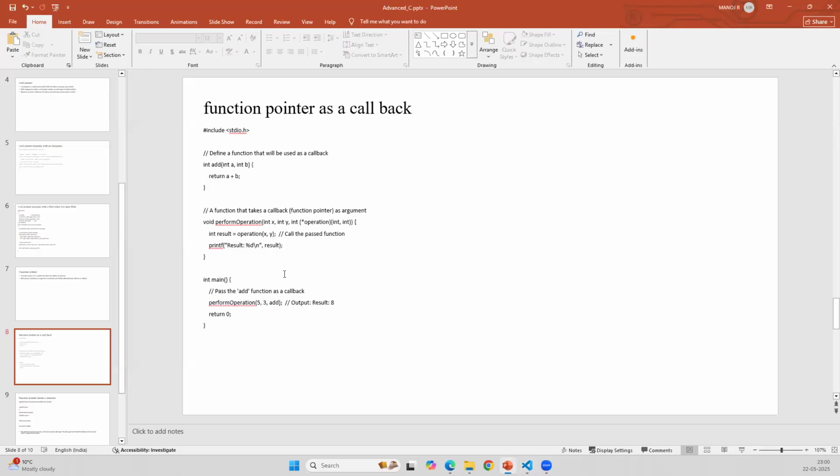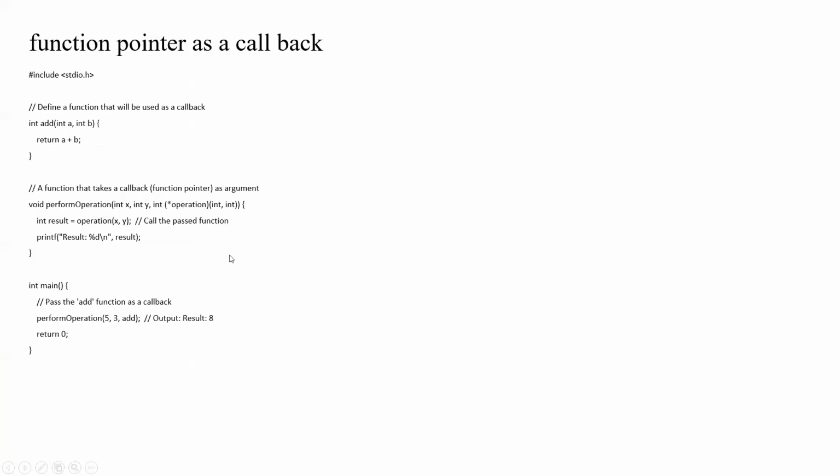Another example is a function pointer as a callback. If you look at this particular line, perform 5 3 add, the function itself can be passed as an argument.